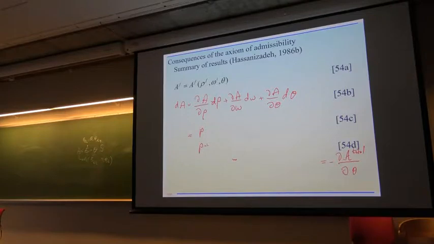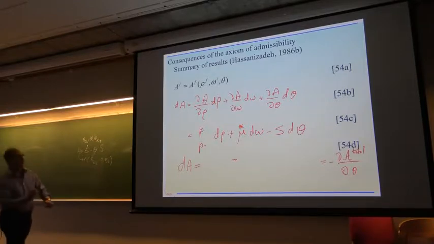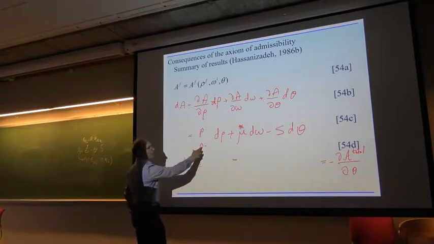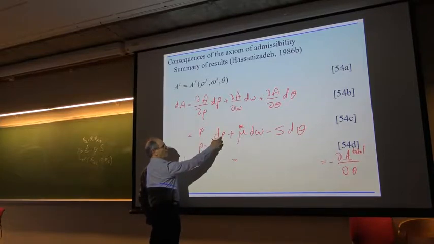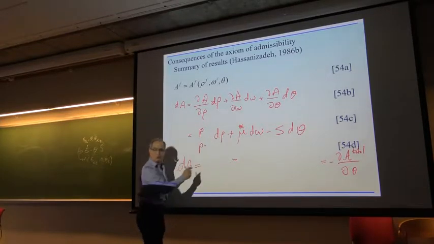So this is rho squared, d rho, and that is the relative chemical potential of the component, d omega, and that was minus S d theta, and there is a 1 over rho squared. I can put that under here. I get d of 1 over rho, right?